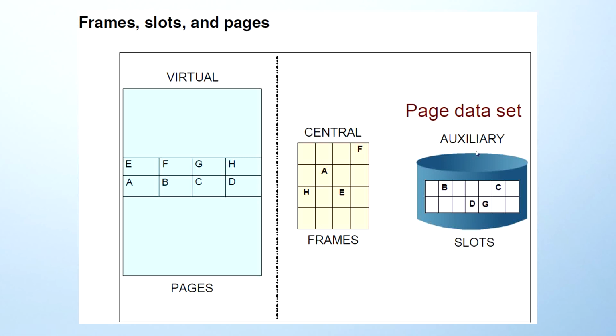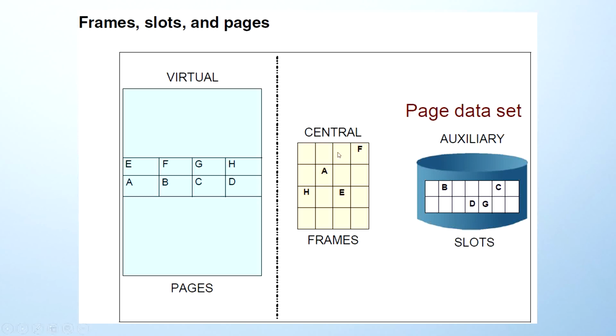What we are trying to show in this picture is a program running in this virtual address, subdivided into equal parts like A to H. When you fetch blocks A, E, H, and F, you get routed directly to real storage, and the user can access them because they are already loaded.